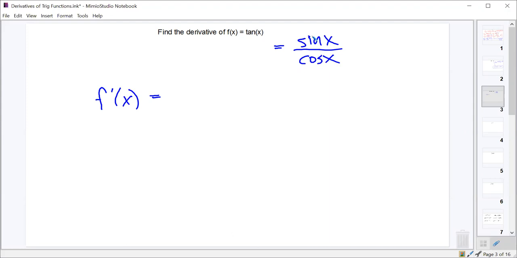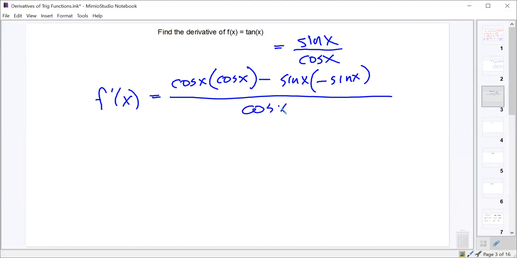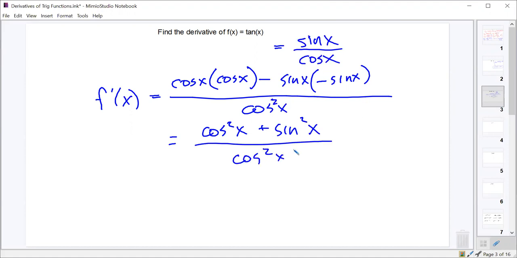Quotient rule. So it'll be denominator cosine x times the derivative of the numerator, the derivative of sine, which is another cosine x, minus the numerator times the derivative of the denominator, which is negative sine x, all over the denominator squared, which will give us a cosine squared in the numerator. And then the two minuses give us a plus, so plus sine squared in the numerator, all over cosine squared x.